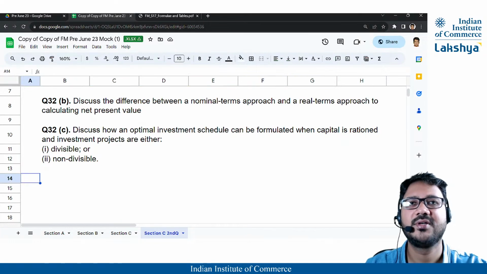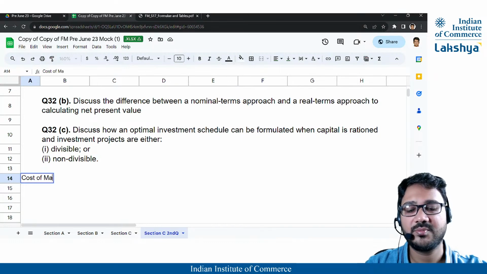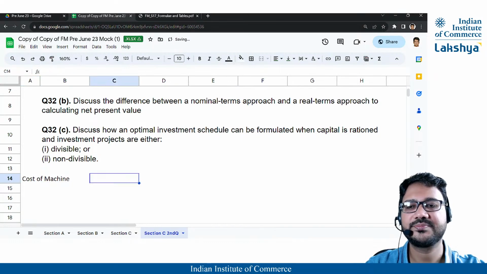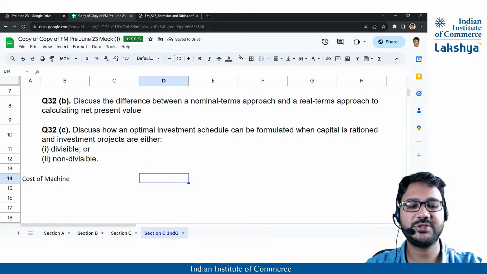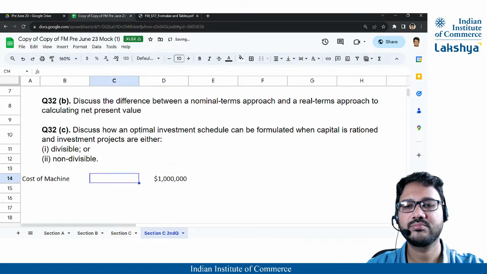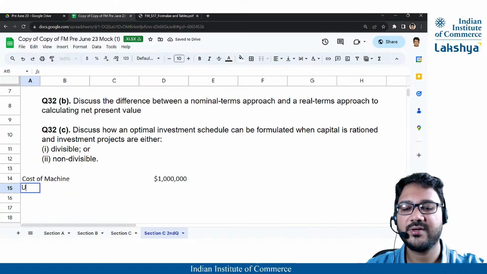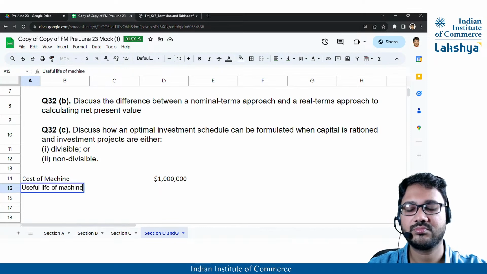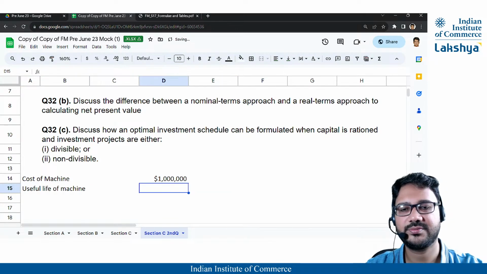Cost of machinery was $1 million. Then we have our useful life, that was 4 years.